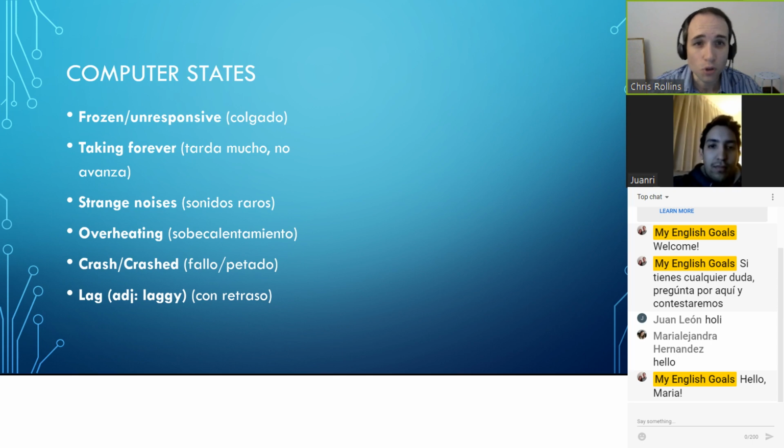And when we have strange noises, cuando suena raro, cuando está muy caliente, it's overheating, right? And cuando se ha apagado el ordenador o ha dejado de funcionar, it's crashed, right? Crashed, right? Did I say that right? Petado, fallado. Anything else that we say for that, Juanri?